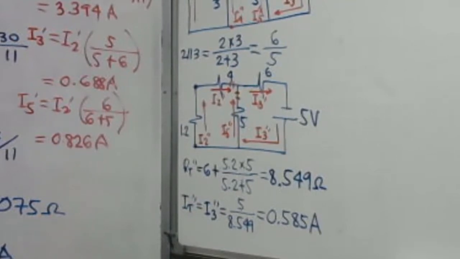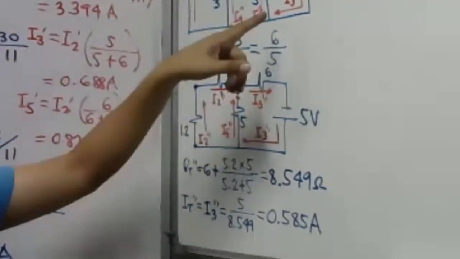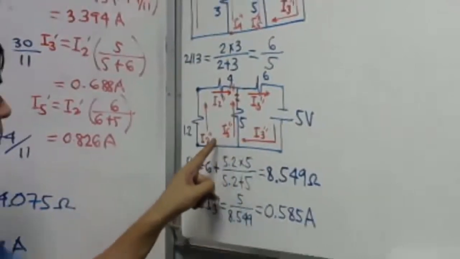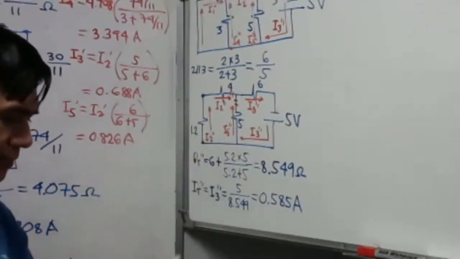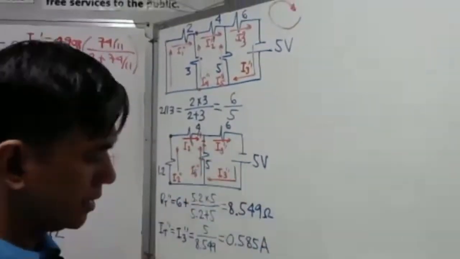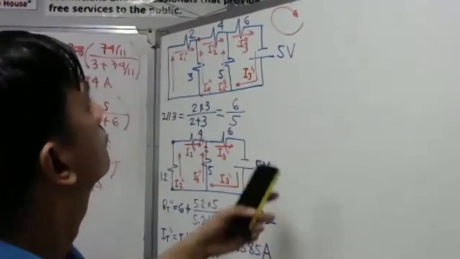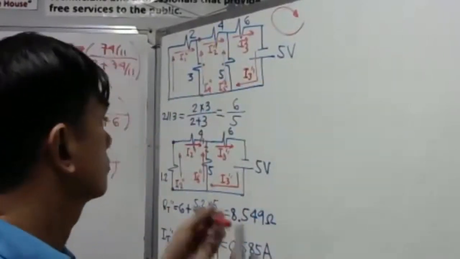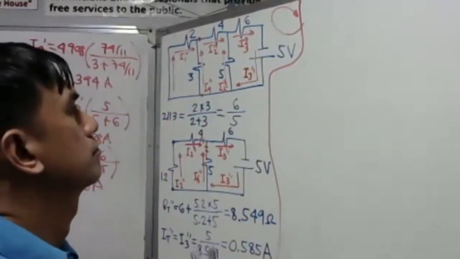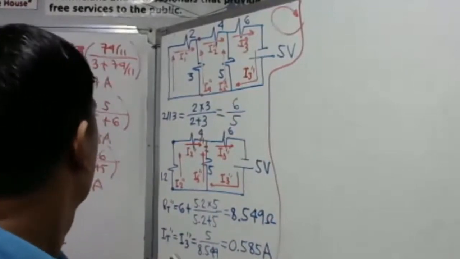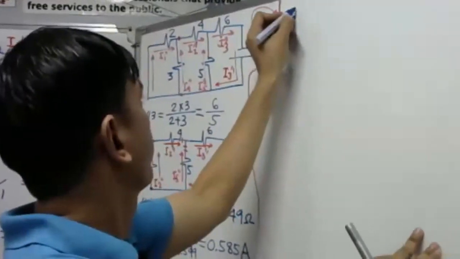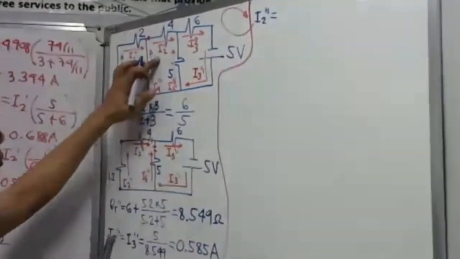Okay. So, let us get now our I3 triple prime. Let us get our I2 double prime here. What is I2 double prime equal to?